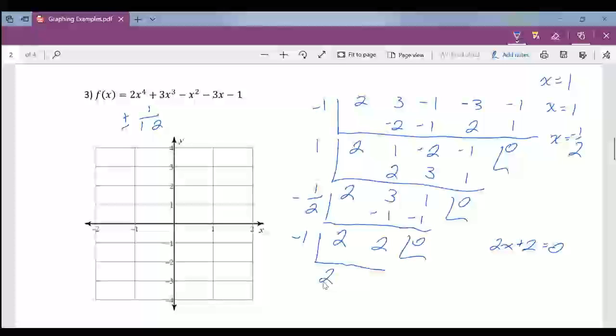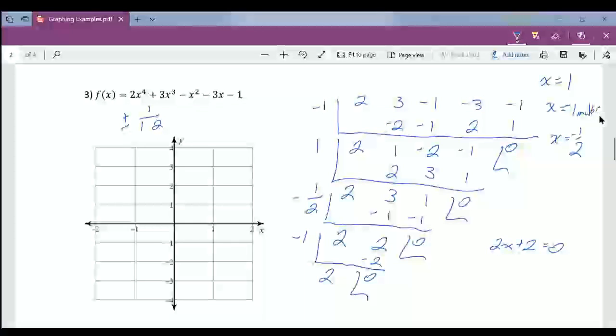So bring down the 2. Wait, no. Yeah, that's right. Negative 2 and 0. There we go. So negative 1 has a multiplicity of 2, and both of those guys have multiplicities of 1.